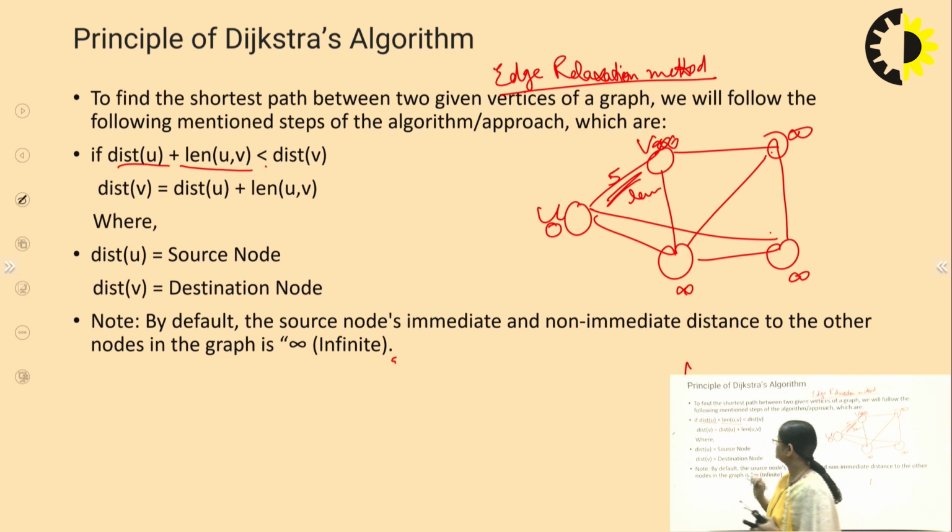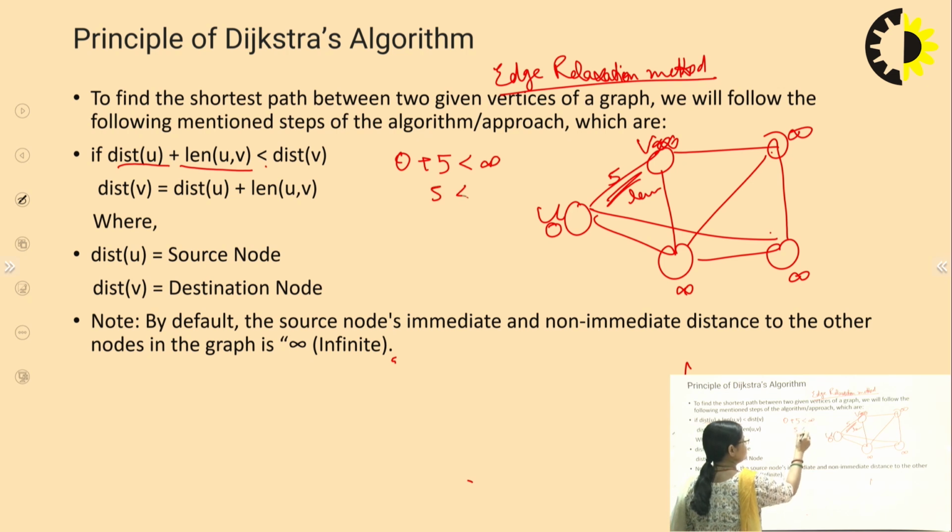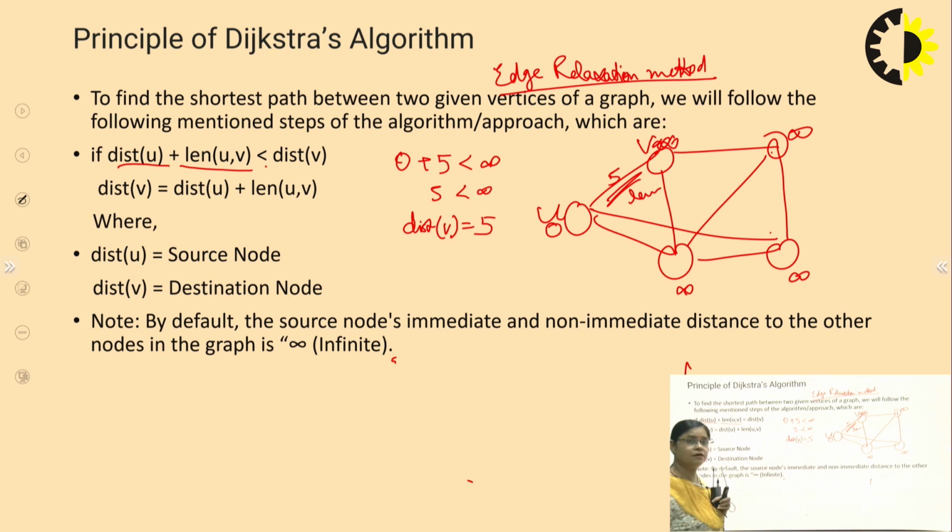We will swap the values. Distance of V will become that. So it means 0 plus 5 is less than infinity, so our distance of V is equal to 5, right?